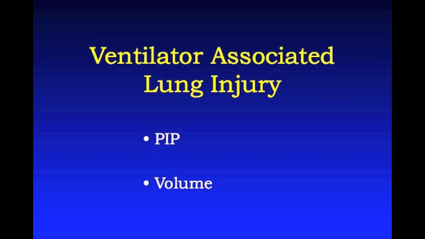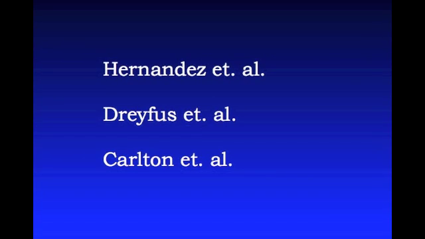So most people would now argue that lung injury is due to volume trauma, not specifically peak pressure. And that was worked out by several of these investigators who actually looked at lungs and basically demonstrated that if you have a normally compliant lung, the pressure is not the issue. The volume is the issue that hurts it.